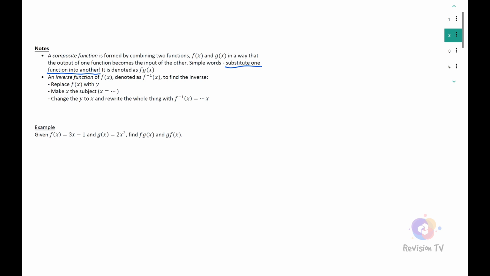It is denoted as f of g of x. We call this f of g of x. Now, why is it named that? If you notice, f of x is called f of x, so inside you have g of x, which is the function of g of x. You can think of it like a person jumping into a costume, a suit.